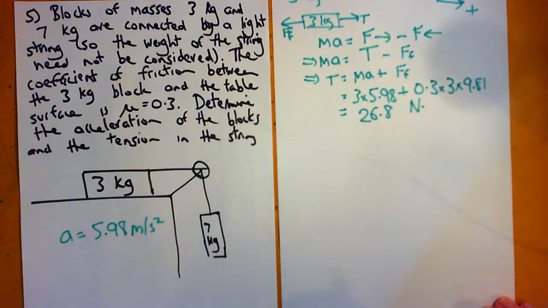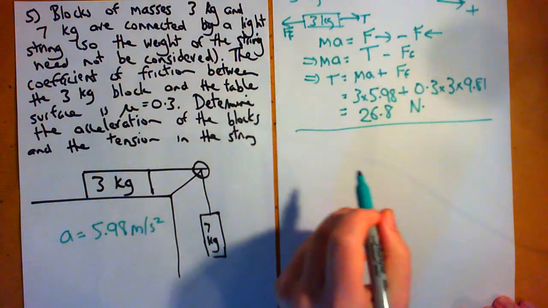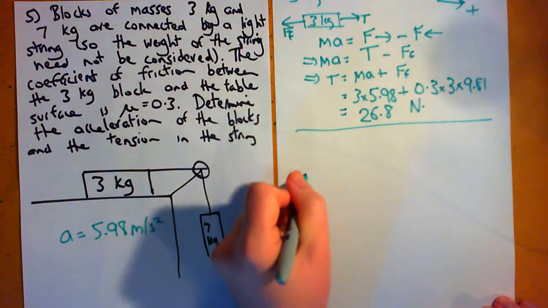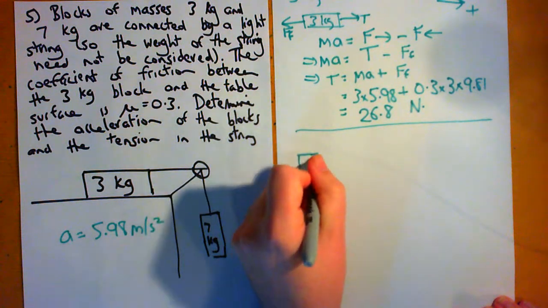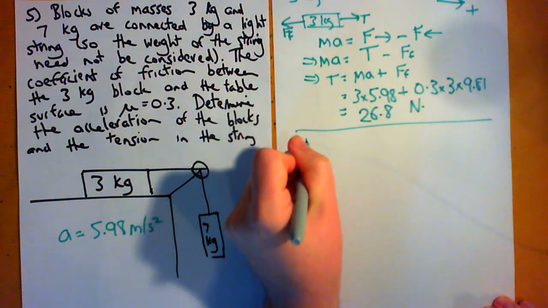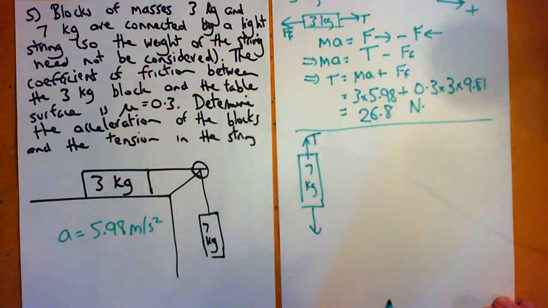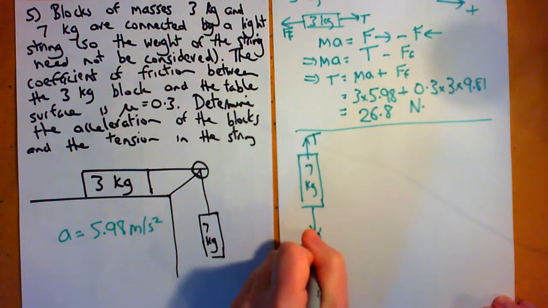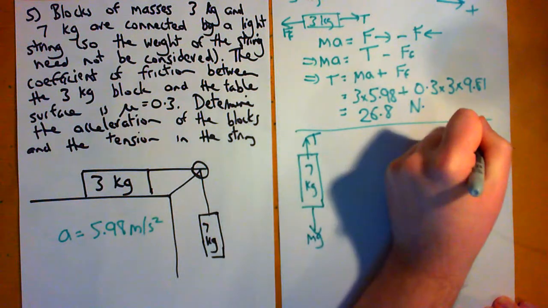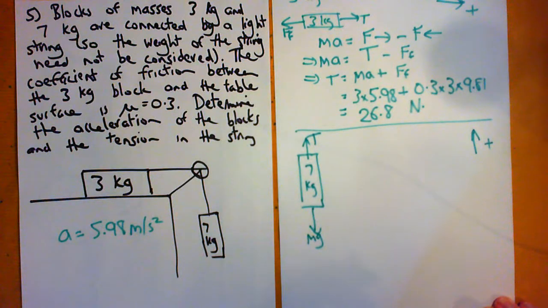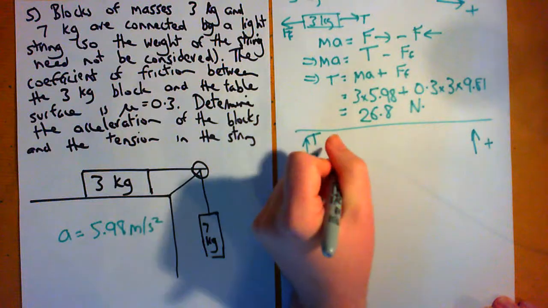So let's do that. We've considered only the forces acting on the 3 kilogram mass. We are now going to consider the forces only acting on the 7 kilogram mass. So it's going to be pulled upwards by tension, and it's going to be pulled downwards by its weight, which is mg. Okay, so let's take for this part of the problem the 7 kilogram mass upwards to be the positive direction.